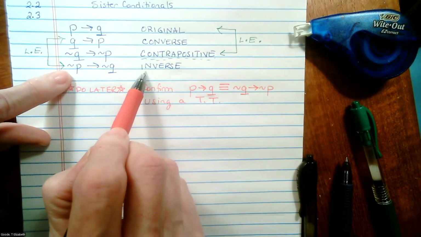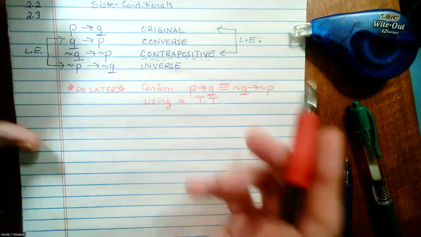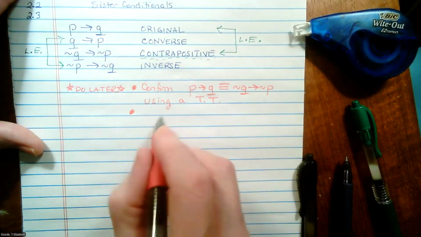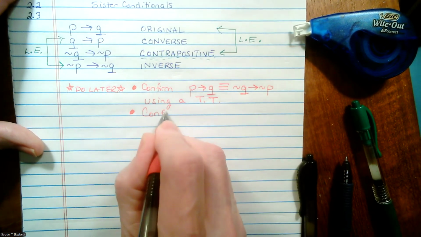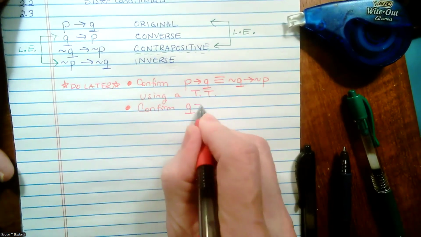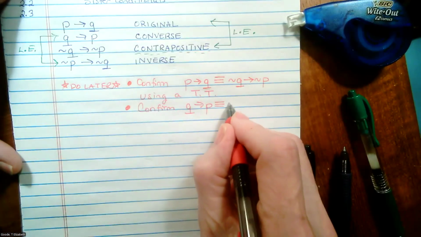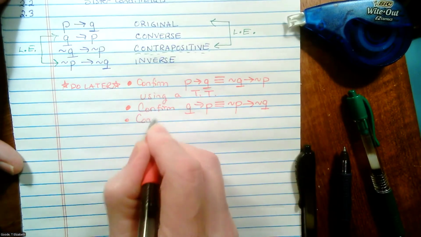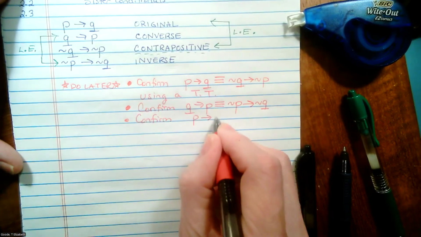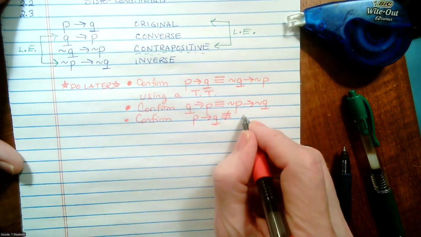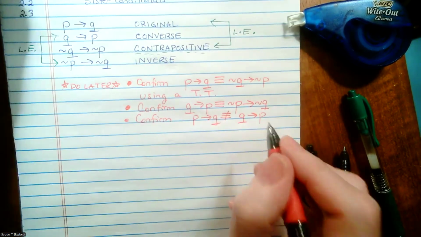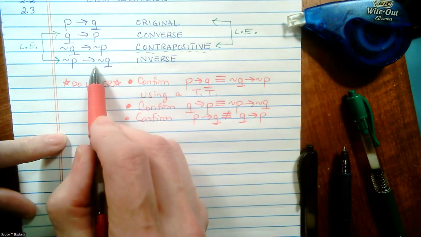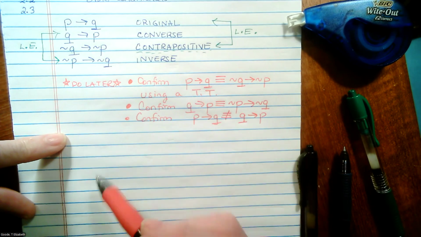But the converse and the inverse are logically equivalent. So you can confirm also that Q implies P is logically equivalent to not P implies not Q. And you can also confirm that P implies Q is not logically equivalent to the converse, if Q then P. You could just make one big truth table and put all 4 in their columns.